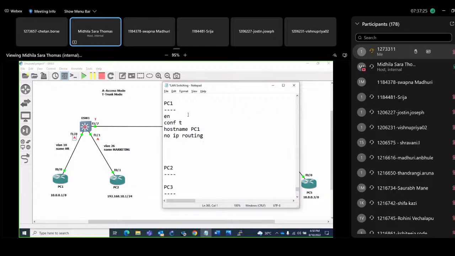Then I will add the IP address to the interface. Interface F0/0, ip address 10.0.0.1 255.0.0.0. No shut. Then I told you to match the speed: speed 100, duplex full. Exit. Done.